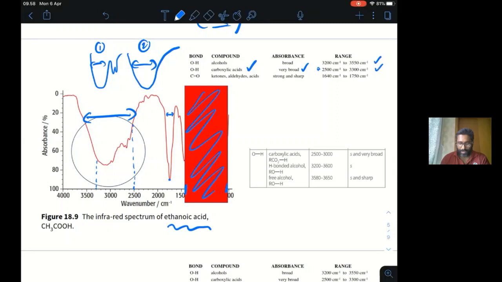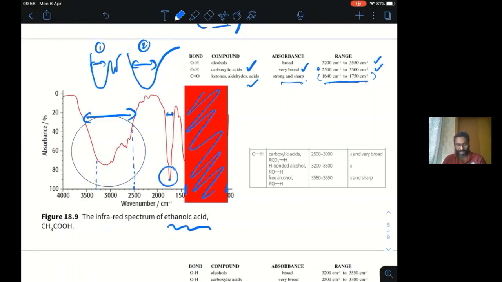Now other forms, ketone, aldehyde, and other forms of acid, carboxylic acid, they are going to have this one. And do remember, ethanoic acid is also an acid. So you see 1,640 to 1,750 is strong and sharp. They actually mention this over there. Can you understand here?